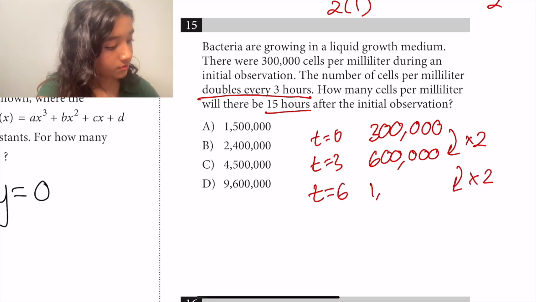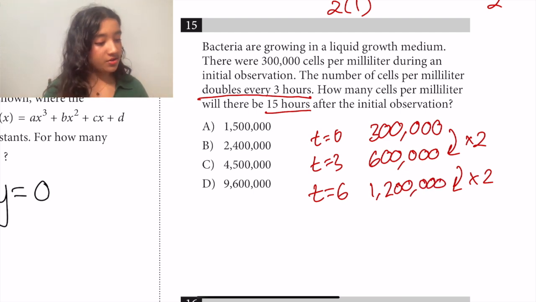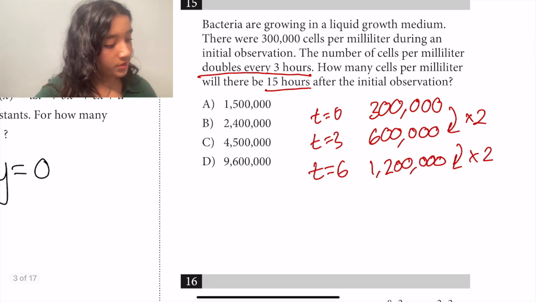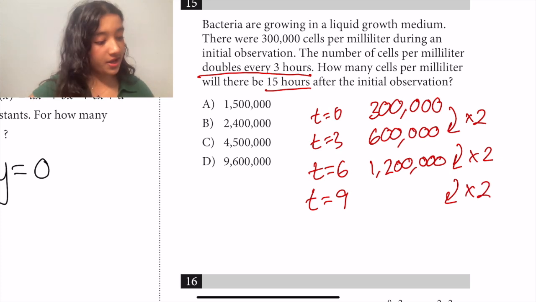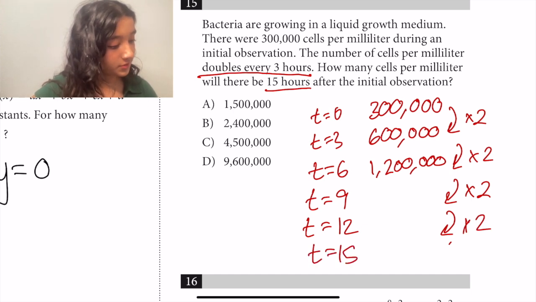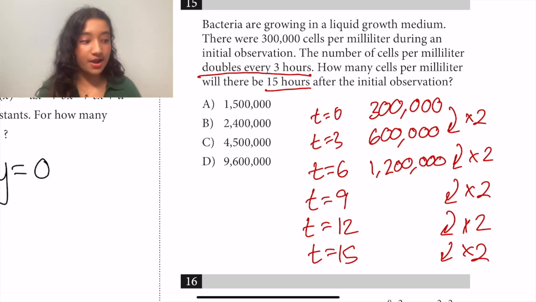That gets you 1,200,000. But instead of multiplying it out every time, we notice that at t equals 9, it'll be multiplied by 2 again. t equals 12, you'll multiply it by 2 again. And then finally at t equals 15, you'll multiply it by 2 one more time.